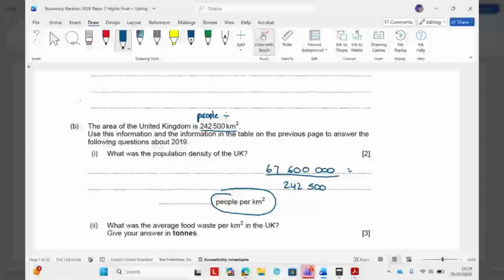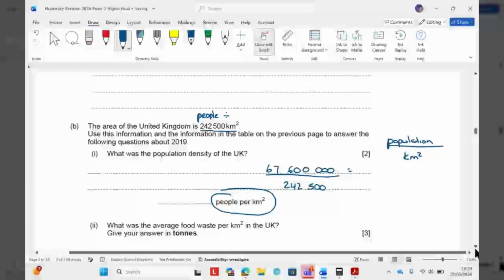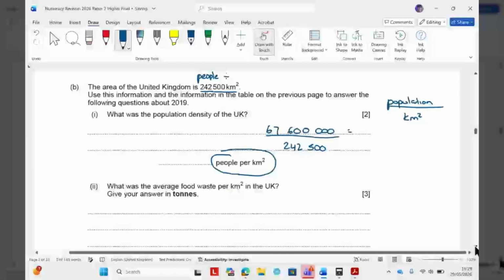That's what population density is: how many people per kilometer squared. So for population density, it's the population divided by the area. Just be prepared to do calculations for that. Put the answer in there. What was the average food waste per kilometer squared?